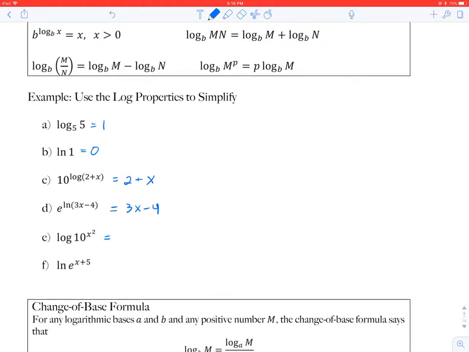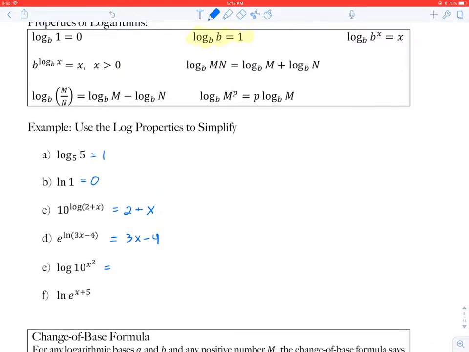For this one, we could use, I know Miss Walters calls it plog, so I call it plog as well, where if you have log base b of m raised to the p power, you can pull that power out front. So if we were to pull the power out front here, we would have x squared times log of 10, which we know, that's log base 10 of 10, is just 1.